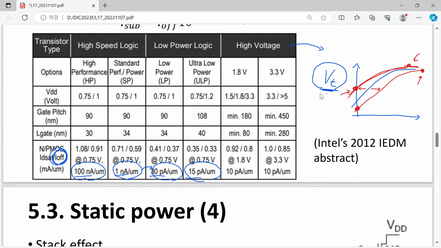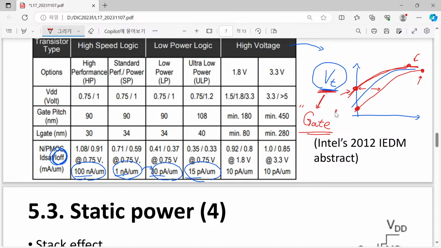And my final comment on the threshold voltage. Maybe you can ask me, how can we control the threshold voltage? I just told you like magic that engineers can do that. But how do engineers change the threshold voltage? It is usually done by making certain engineering on the gate stack.